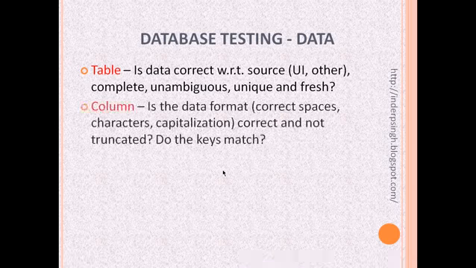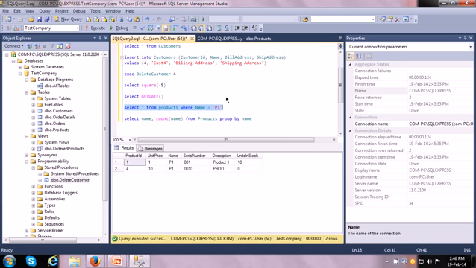We can check all these things when we are testing each and every column of each and every table, so that the data format is correct, it has the correct number of spaces, the characters are correctly represented, there should not be any junk characters, the capitalization should be correct, the data should not be truncated, and we can also check that the keys match with each other. So let us look at an example of whether the keys match with one another or not.